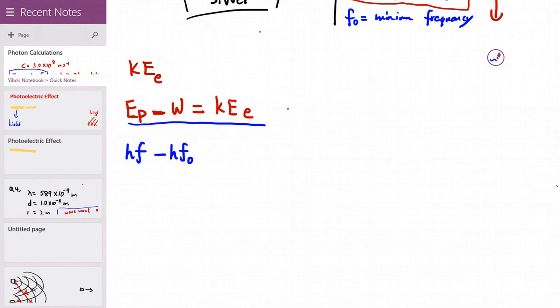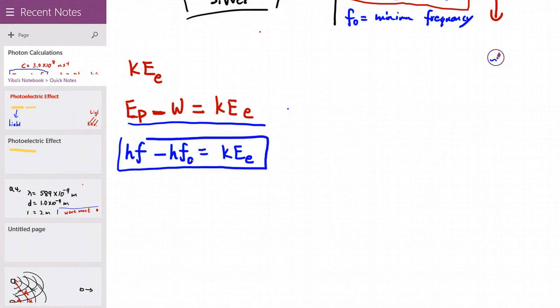Remember, this is the minimum energy required to make an electron escape, and f0 is called the minimum frequency of a metal, and it's different for different metals. And that equals the kinetic energy of the electron. Just remember this formula there.